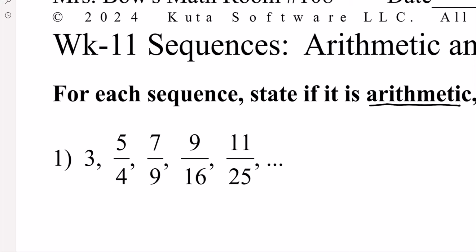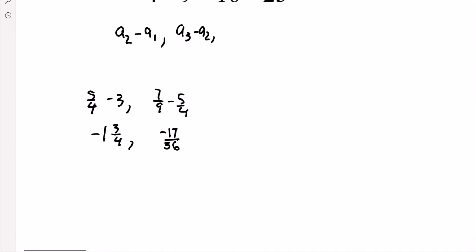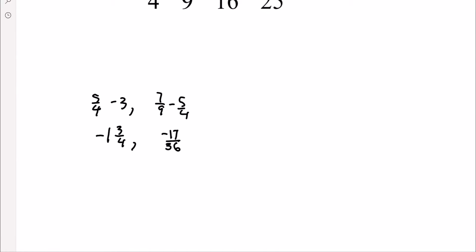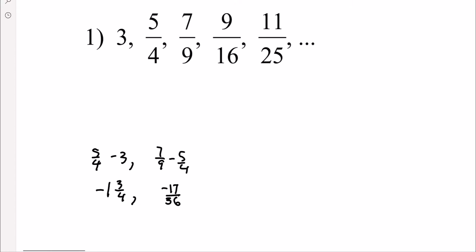So it's a sub 2 subtract a sub 1, then a sub 3 subtract a sub 2. So look at what we have right here. 5/4 subtract 3 is negative 1 3/4. 7/9 subtract 5/4 is negative 17/36. Not the same.